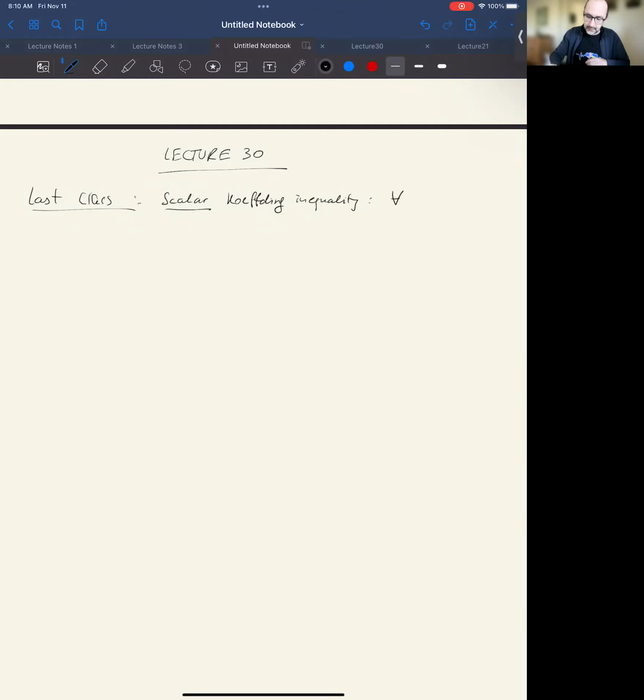For any numbers a_i, if I look at their randomized sum, the sum of epsilon_i a_i, where the epsilon_i's are chosen as plus or minus ones independently with probability 1/2, so IID, independent and identically distributed, then the sum is sub-Gaussian.